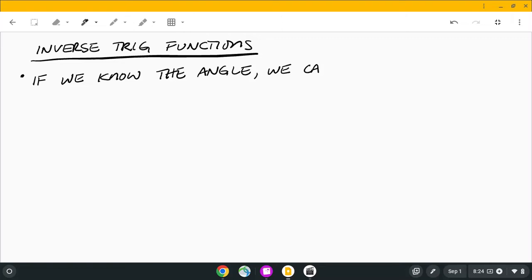We can find sine of 27 degrees, cosine 27 degrees, tangent 27 degrees, cosecant of 27, secant of 27, and cotangent of 27, right?